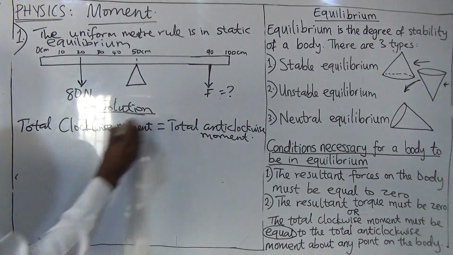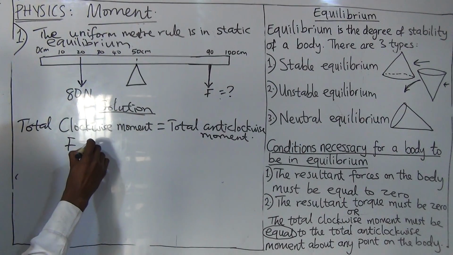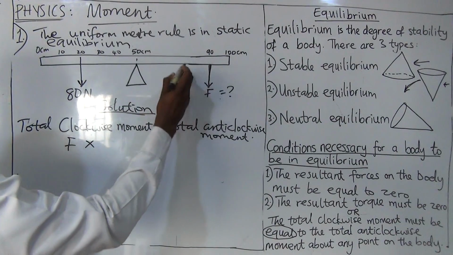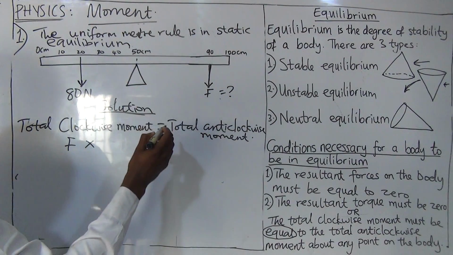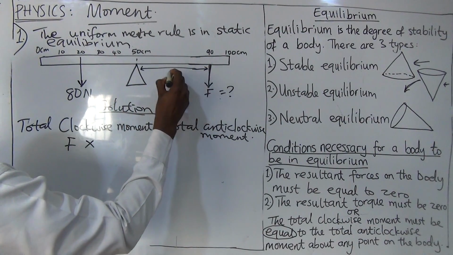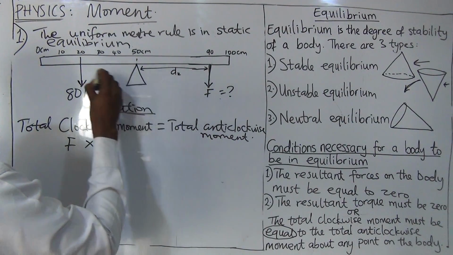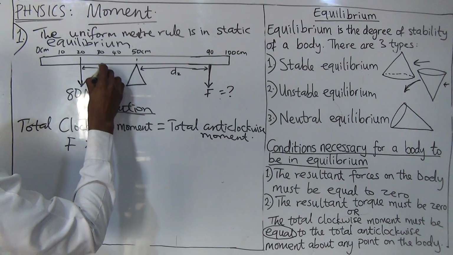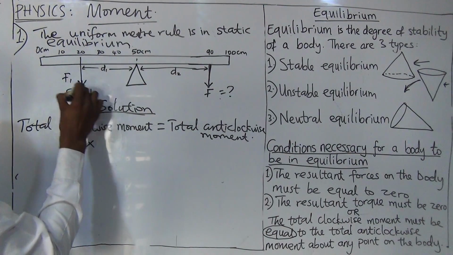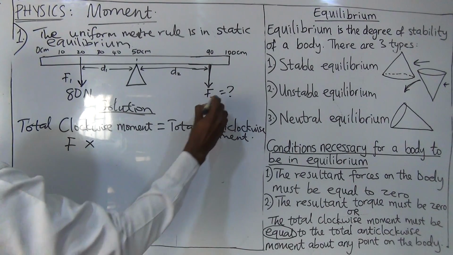So the clockwise moment is produced by F multiplied by the distance here. What's the distance from here to here? 90 minus 50, that's the distance. Let us call this our D2. Let's call this distance our D1. Let's call the force here our F1. Let's call the force here our F2.